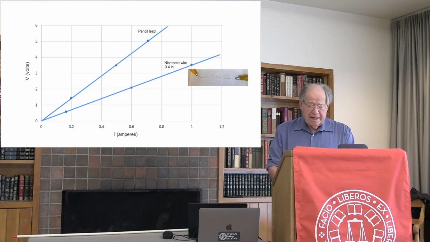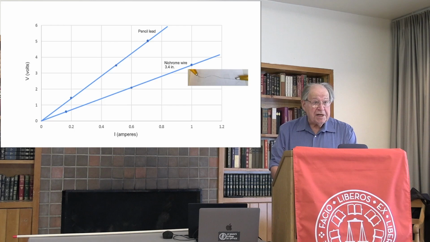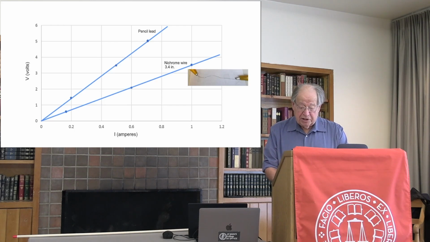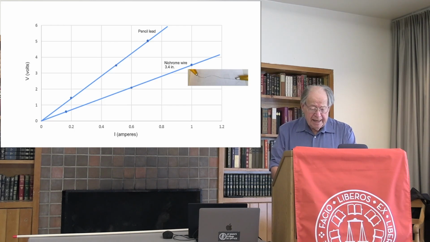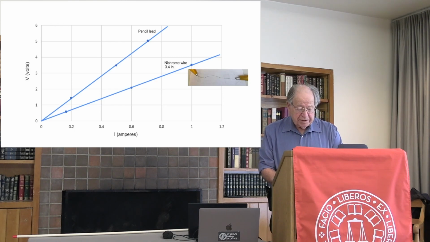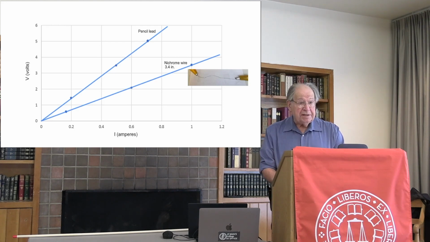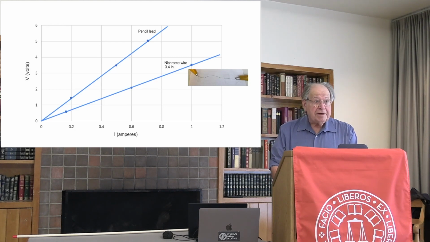Our nichrome sample is evidently a better conductor than the pencil, but both exhibit the proportionality that constitutes Ohm's law. In this way, we can rank any number of different conductors as better or poorer. Better conductors yield a gentler slope, poorer conductors yield a steeper one.